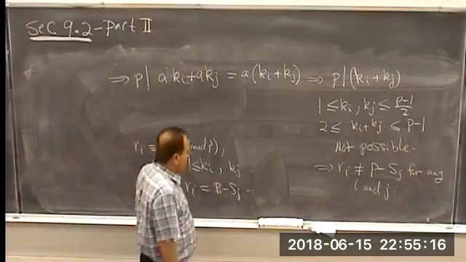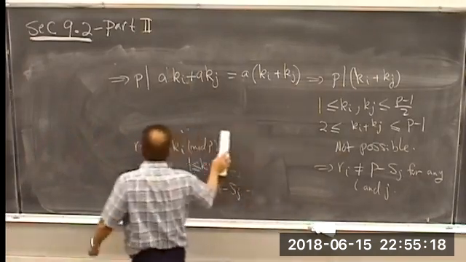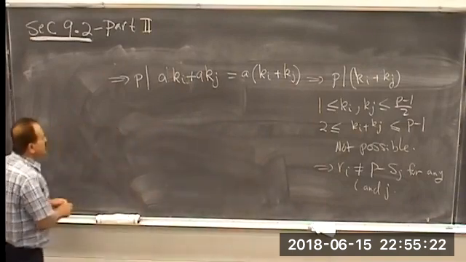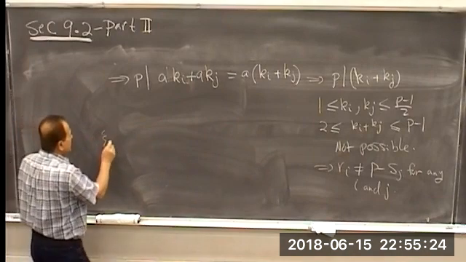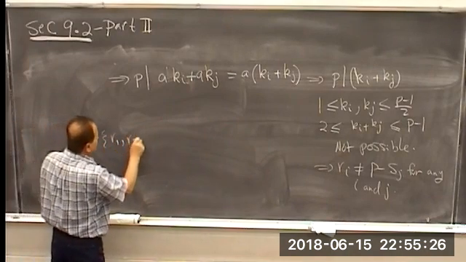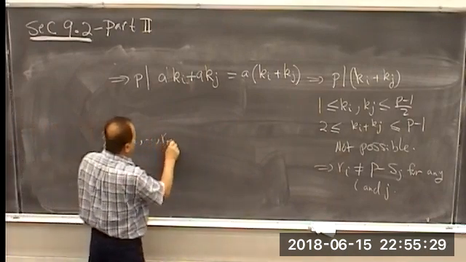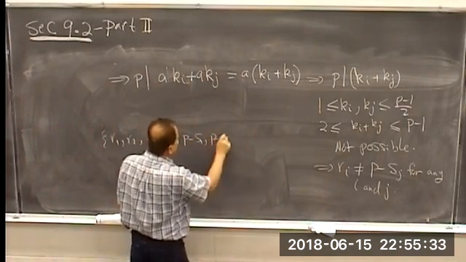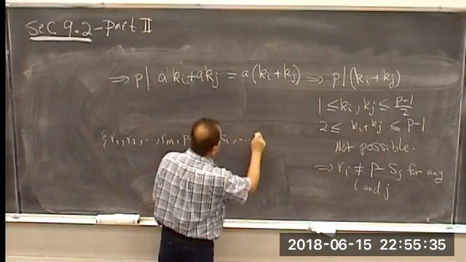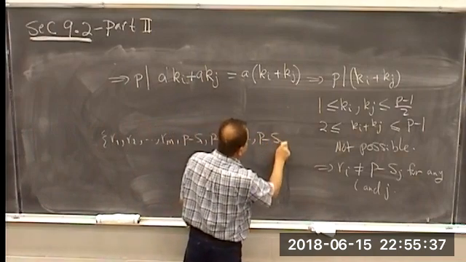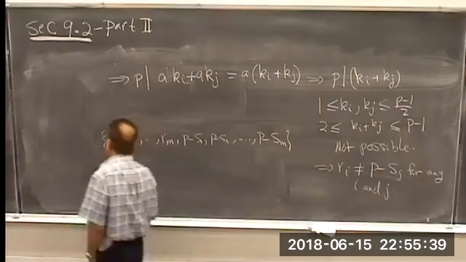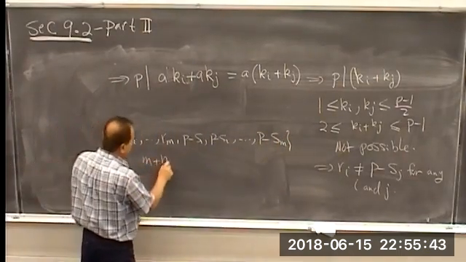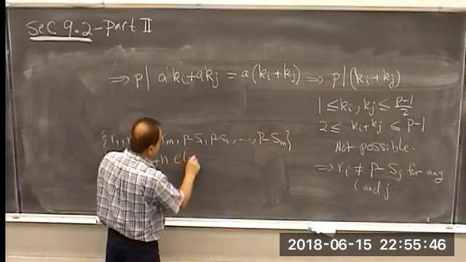Now, what we have accomplished: we have this set, r1, r2, up to rm, then p minus s1, p minus s2, up to p minus sn, which has m plus n elements.